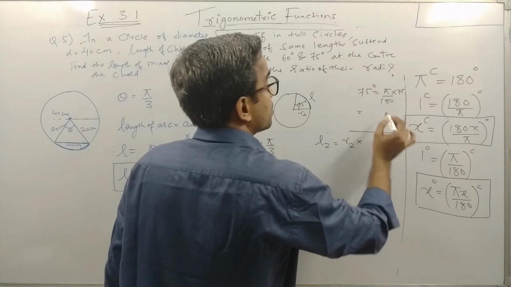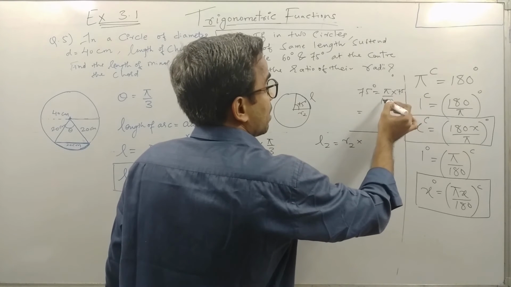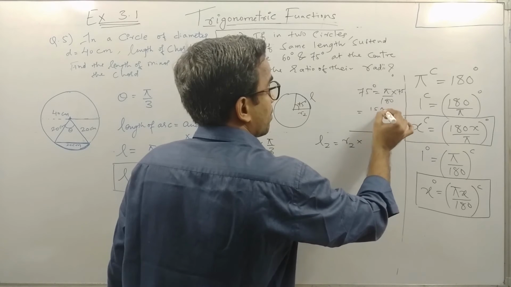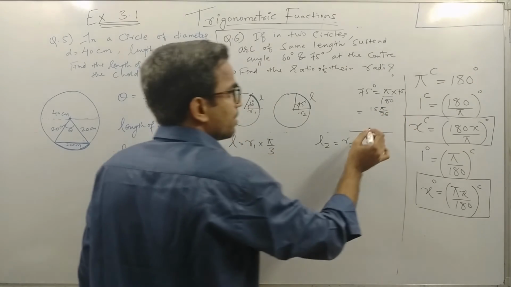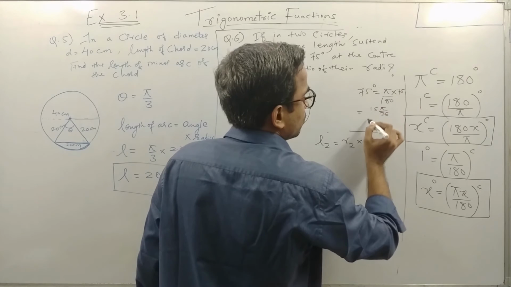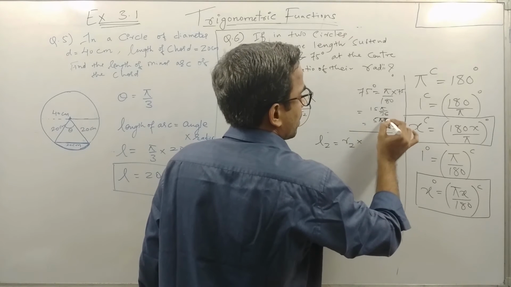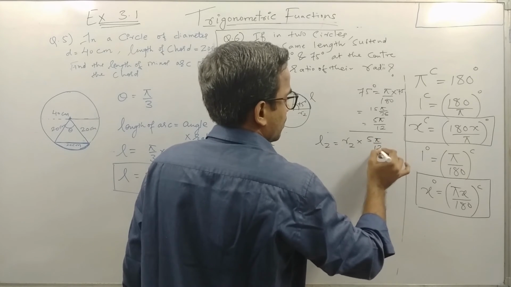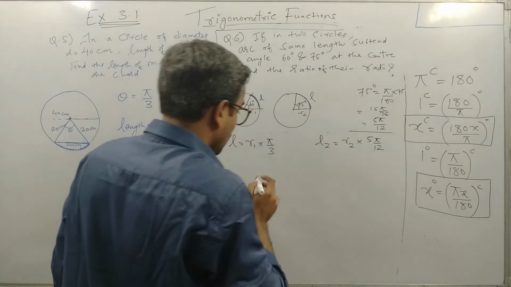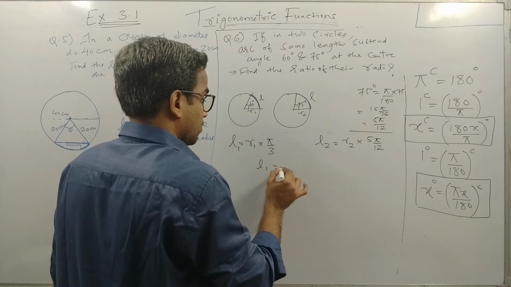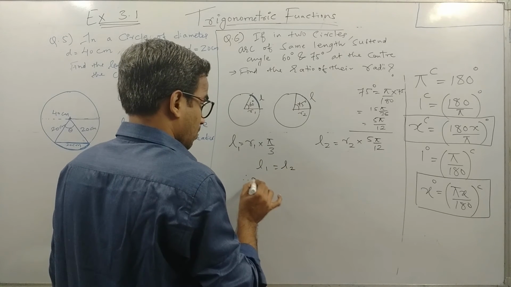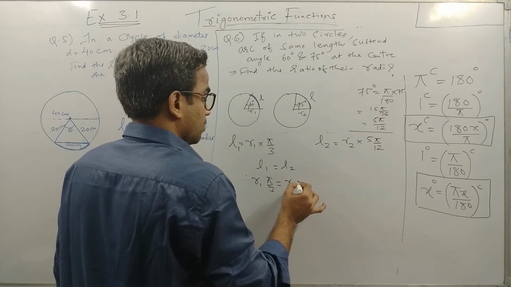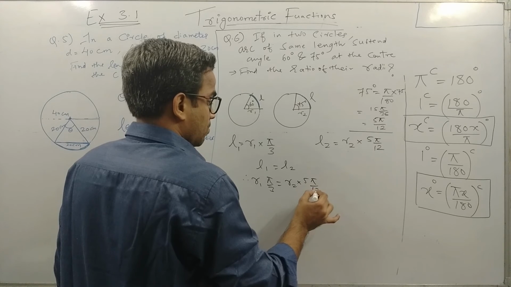So 5 15s are 75, 5 36s are 180, so 15 pi by 36, and if I divide by 3, this gives me 5 pi by 12. Now we know L1 equals L2, so R1 into pi by 3 equals R2 into 5 pi by 12.